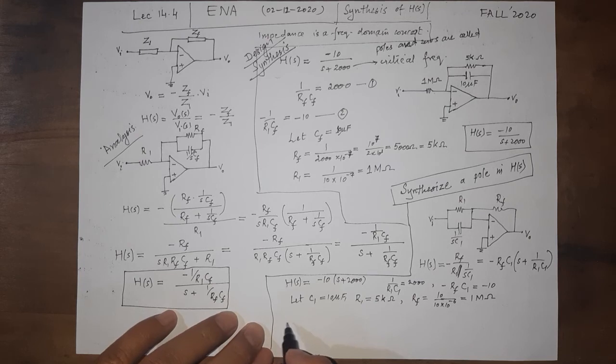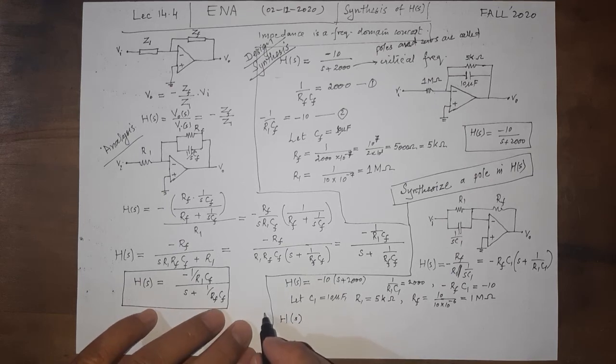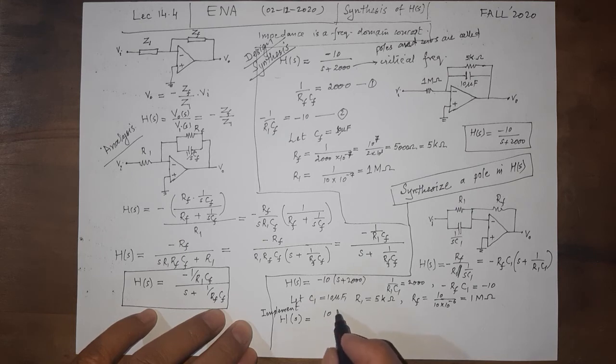Now, last thing to consider: what if someone asks me to implement, or design, or synthesize H of S equal to, say, 10 over 10 into S plus 200 over S plus 2000?